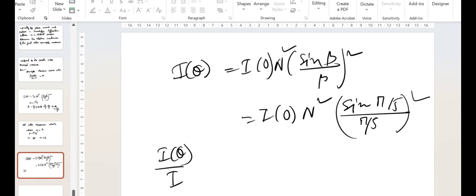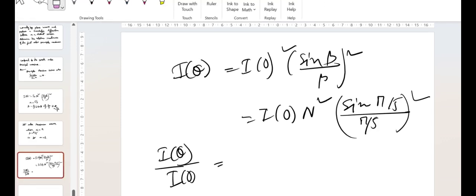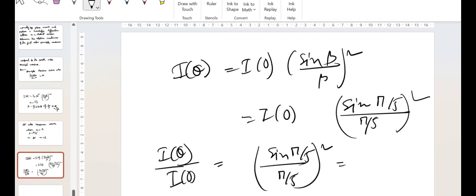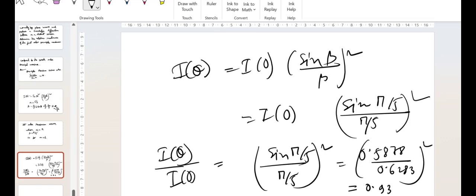So I theta by I naught is equal to... I naught also has N square, so we don't need to write N square separately. So here it would be sine pi by 5 by pi by 5 whole square, which is 0.5878 by 0.6283 whole square, which is 0.936 whole square.